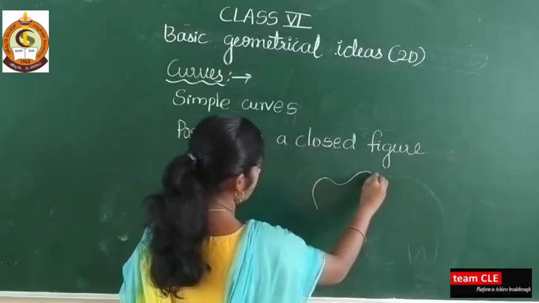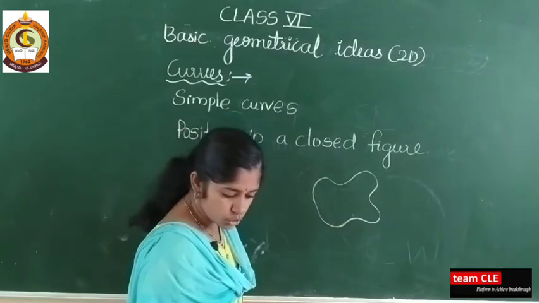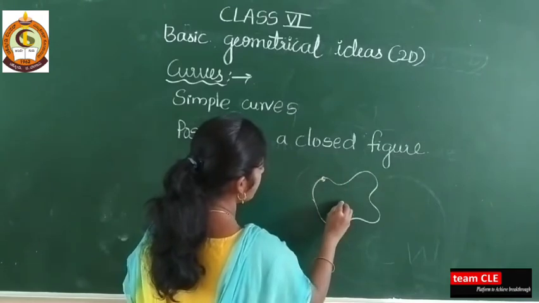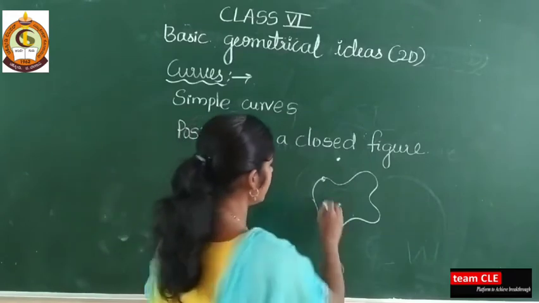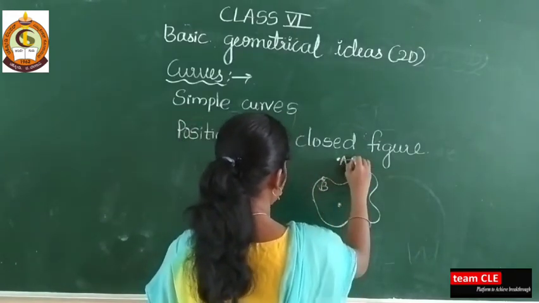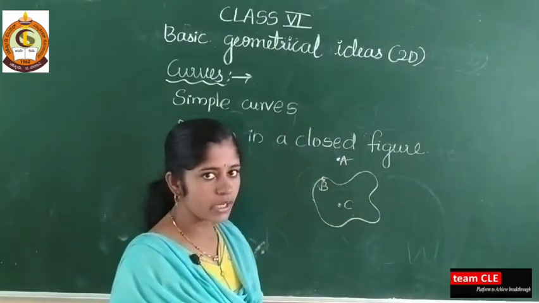So I will take here one example. So this is a simple curve. Here there are three positions: boundary of the figure, interior of the figure, and exterior of the figure. Okay, I will take here B, I will take it as A, and I will take it as C.